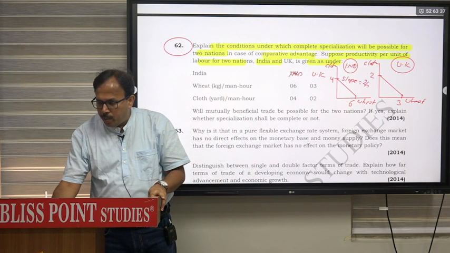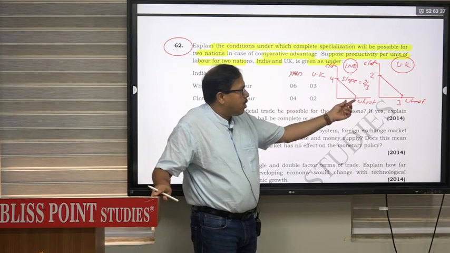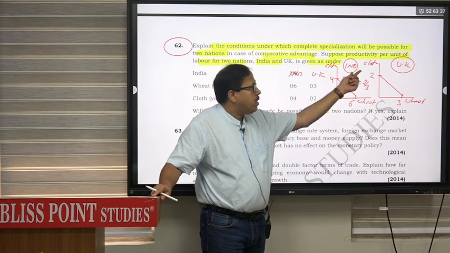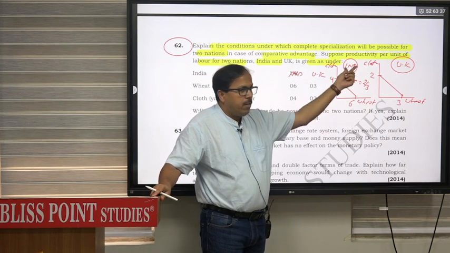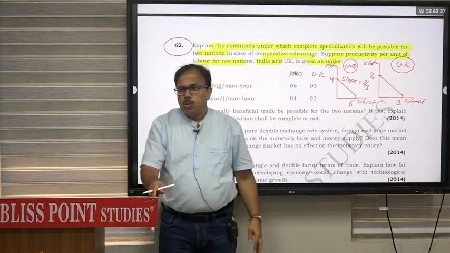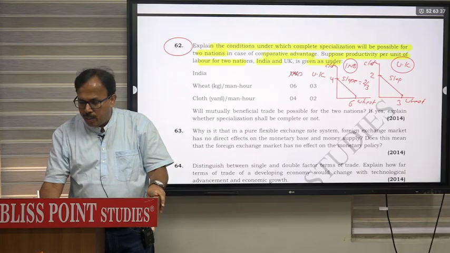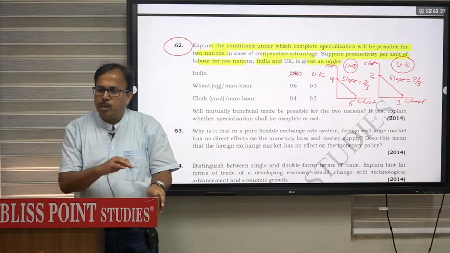What does this number 2 by 3 measure? 2 by 3 actually measures opportunity cost of wheat in India. And the slope of the second PPF is also 2 by 3, which means opportunity cost of wheat in UK is also 2 by 3.